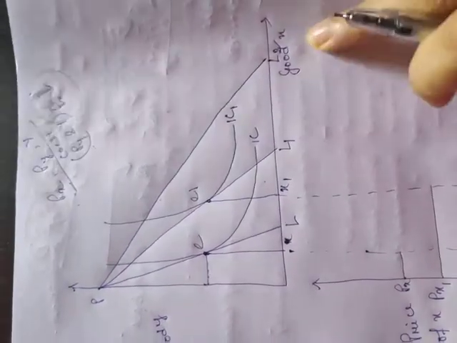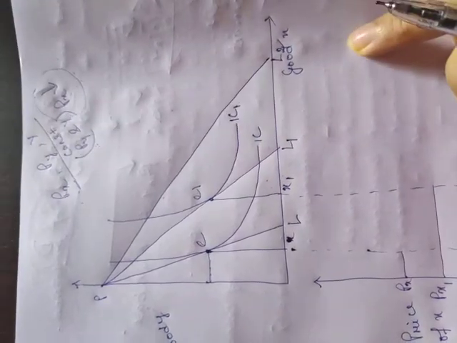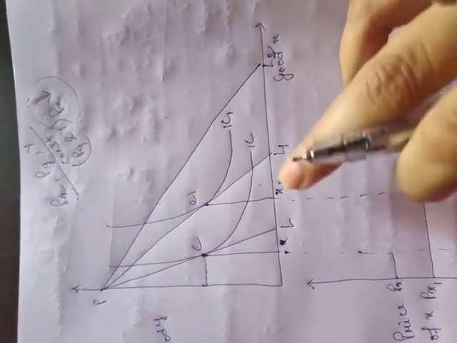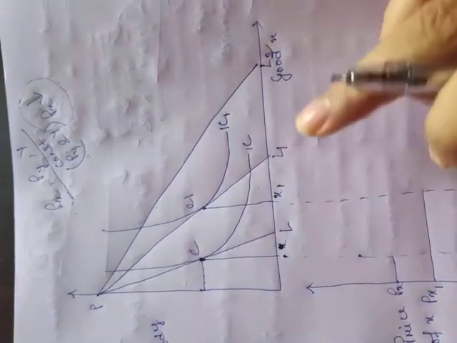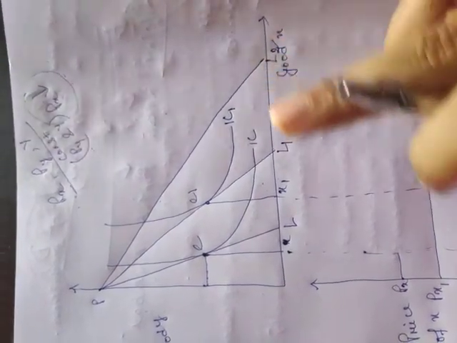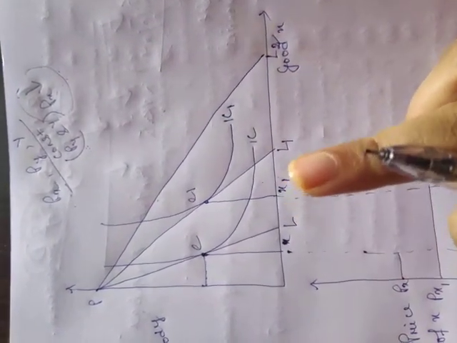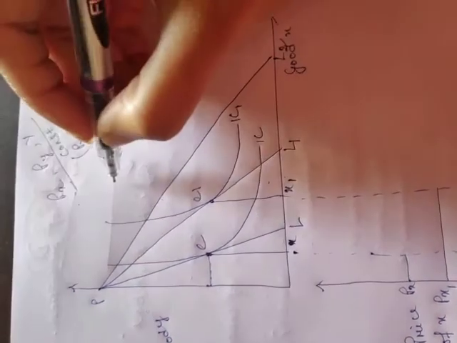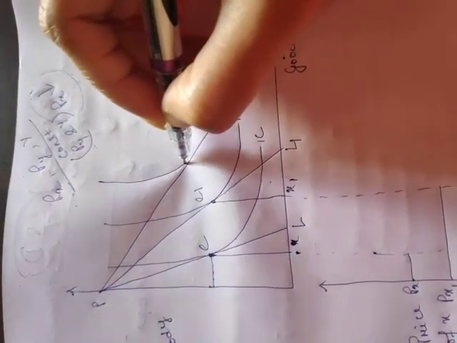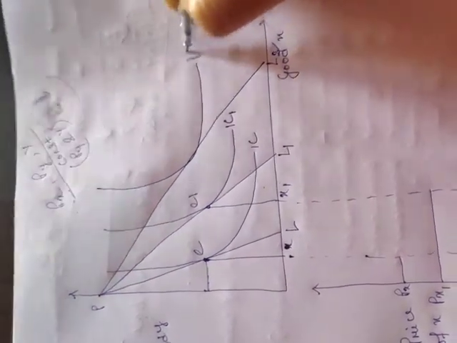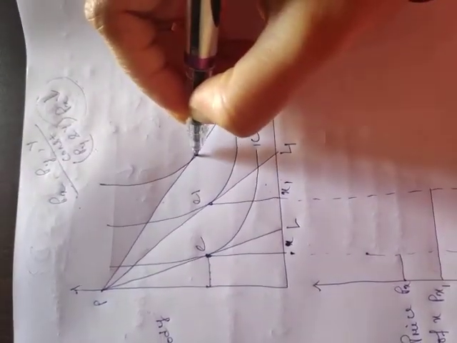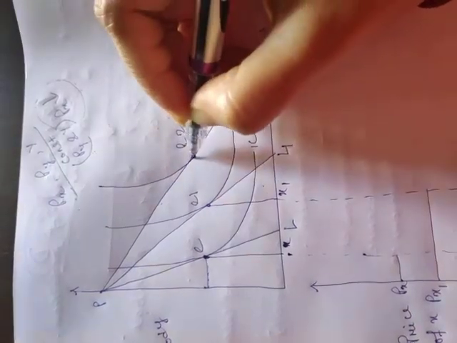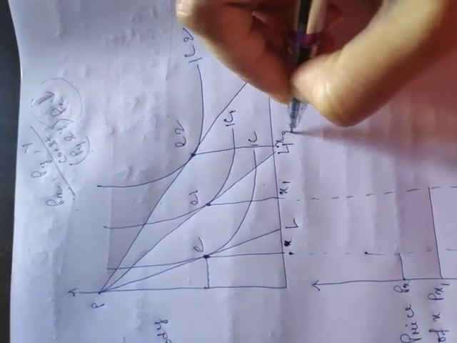Now when your price of X decreases, you will consume more of commodity X compared to the earlier situation, which implies that your satisfaction level will increase and you will move to a higher indifference curve like this, IC2. So this is your new equilibrium point E2, where you are consuming this much amount of good X.